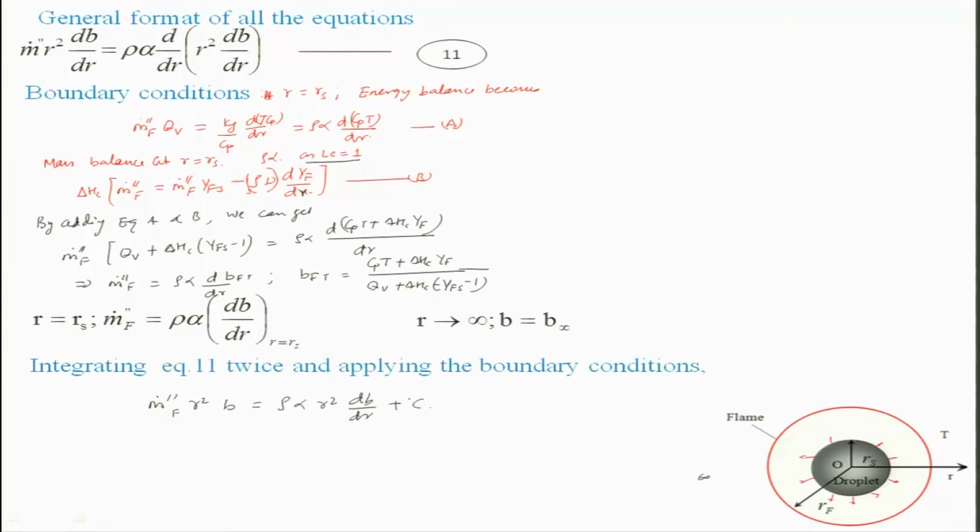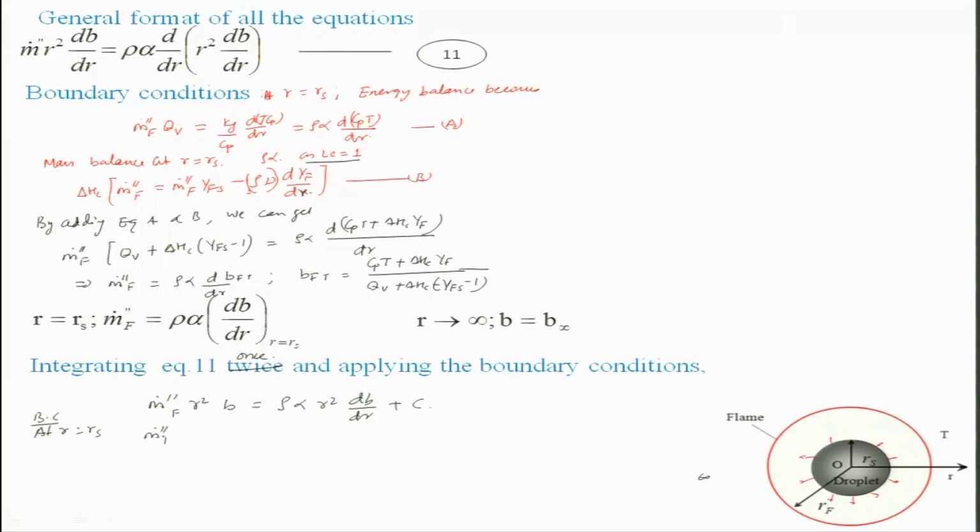So now I will have to find the constant c by integrating the equation once. We use the boundary condition at R is equal to Rs.